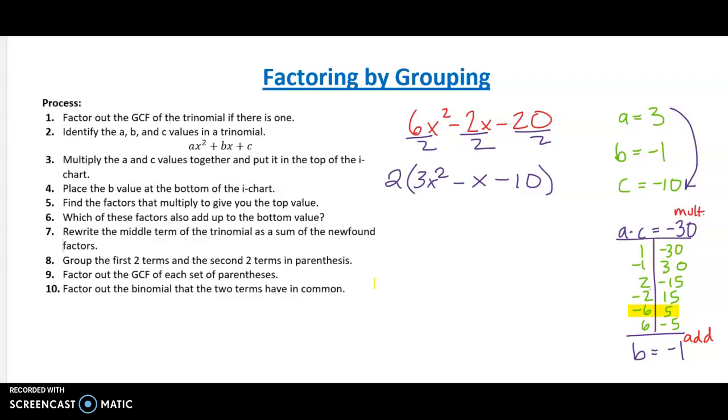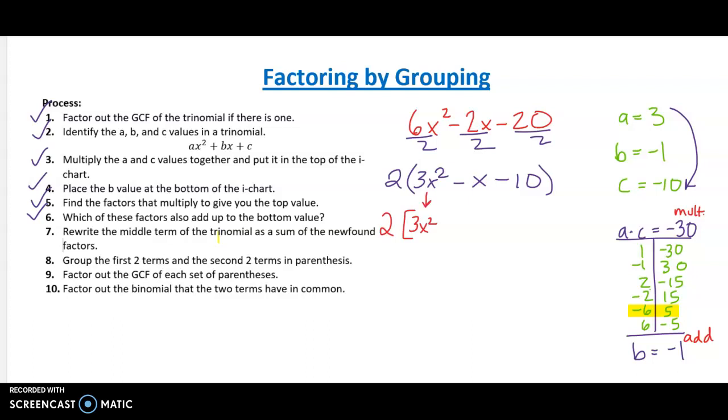So far, if you're looking at our steps, what we've done so far is we have done step 2, step 3, step 4, step 5, step 6. Wow, we are at step 7 now, rewriting the middle term. So what do we do with the 2 in the front, the GCF that we had factored out? It's going to stay where it's at. Okay, and I'm going to change these parentheses to brackets, and you'll see why in a moment. Okay, the 3x squared stays the same.